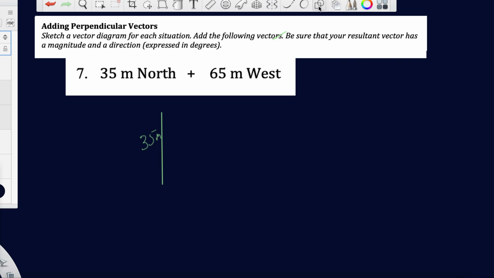And then I'll make another line. I'll change that color. We'll make it 65, and we'll make it way out here. And we'll call that 65 meters.